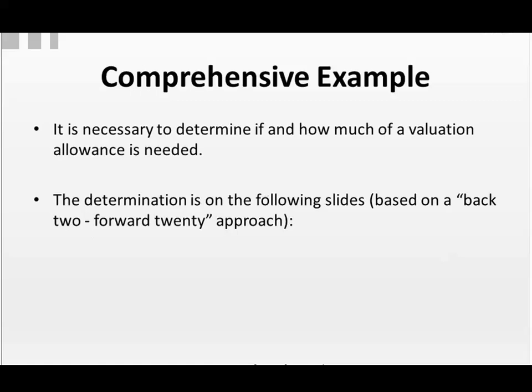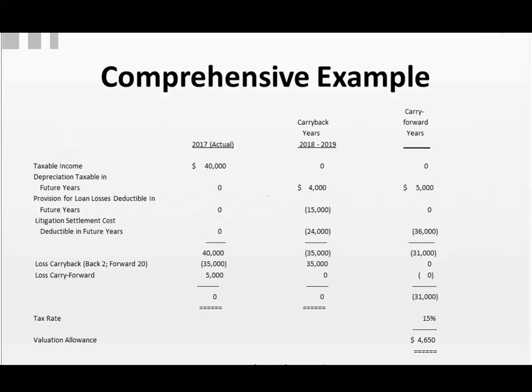Okay? So if you did that, you'd have a little bit of a work paper that looks like this. You'd say, well, here's my taxable income in 2017. That's the $40,000. Then I let the differences between book and tax, in other words, deferred tax items, play out, which happened in the carryback years and which are going to happen in the carryforward years. Let's take the depreciation for starters.